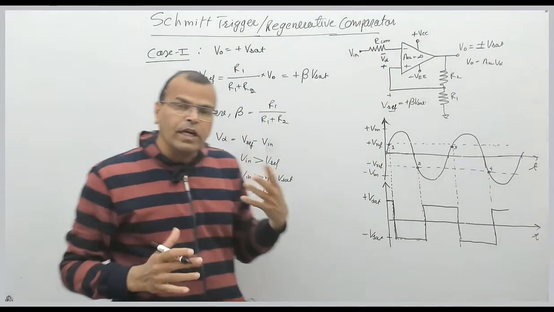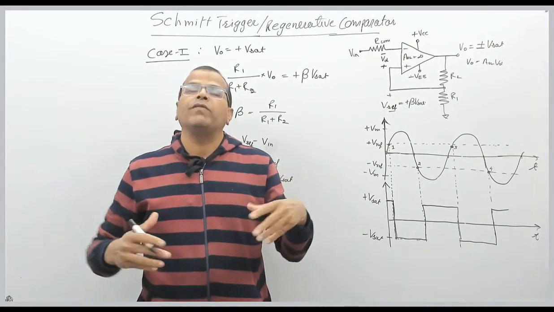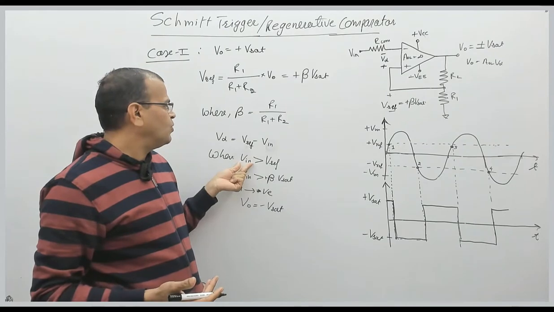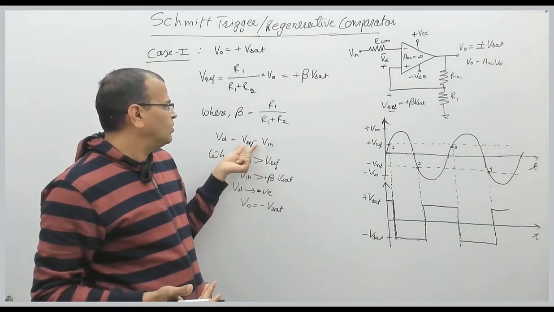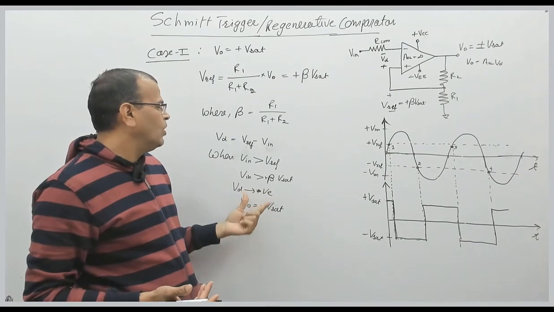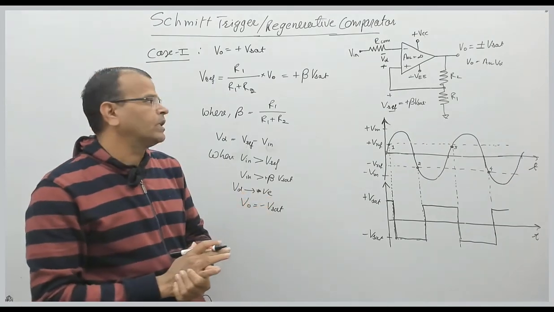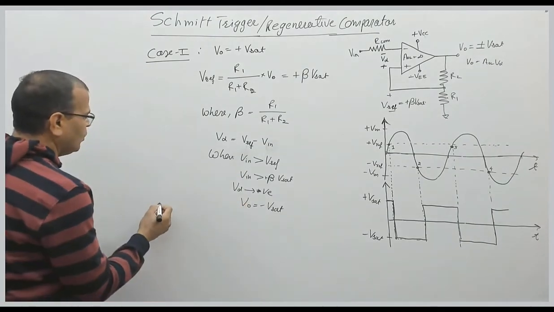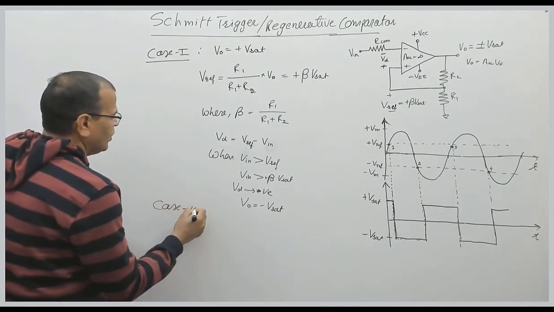So when Vd is negative, output is negative. When Vd is positive, output is positive, right? So the moment input voltage becomes more than this, Vd is negative, output is minus V set. That is case 1.